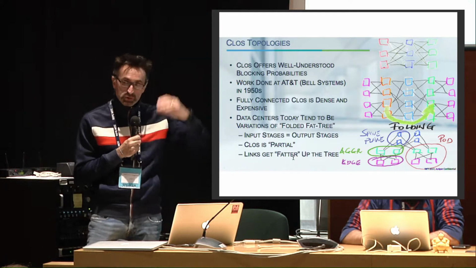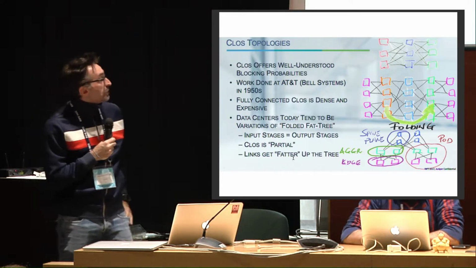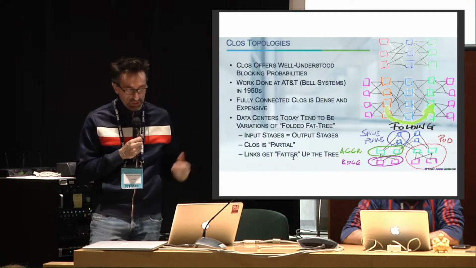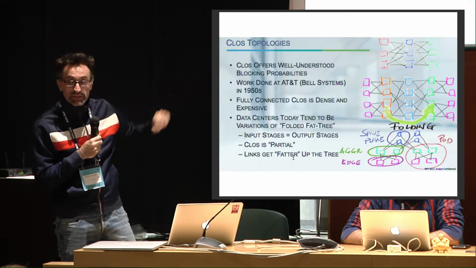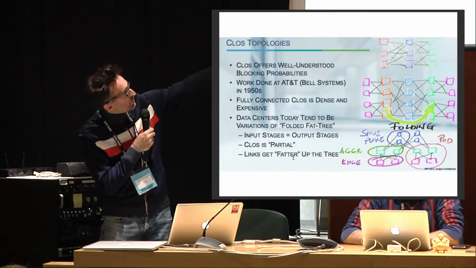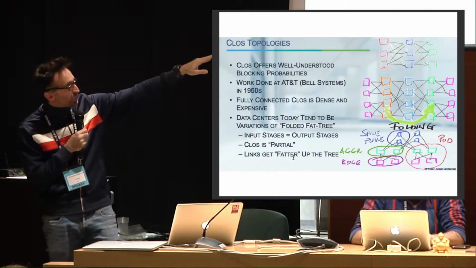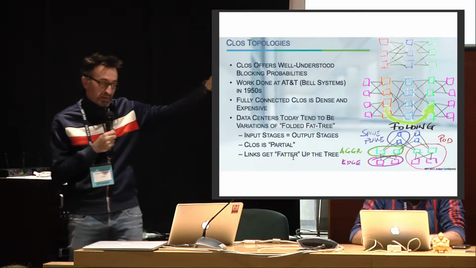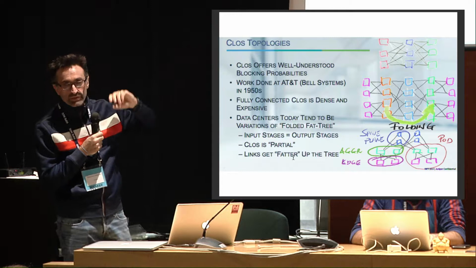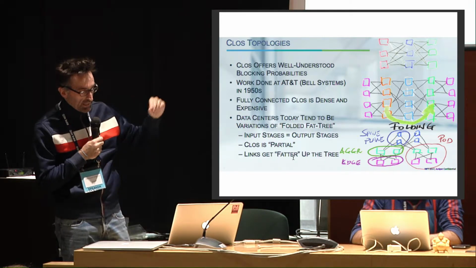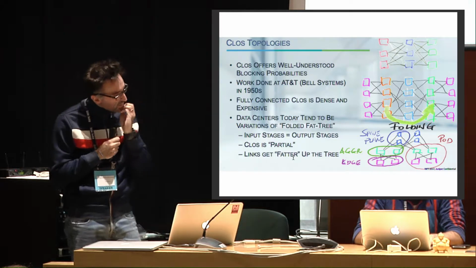We have superspine, we have spine, we have leaf, or to use RIFT terminology, we have the spine level, the aggregation level, and the edge level. That terminology is the one used by the RIFT draft. So we can say spine is like superspine, aggregation is like spine, and edge is like leaf.